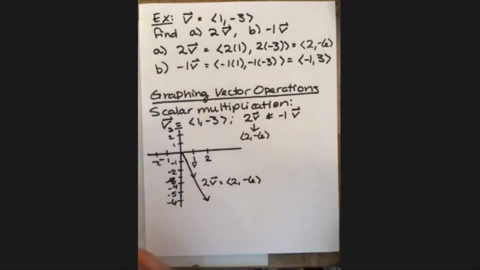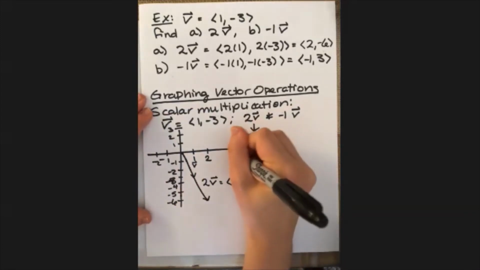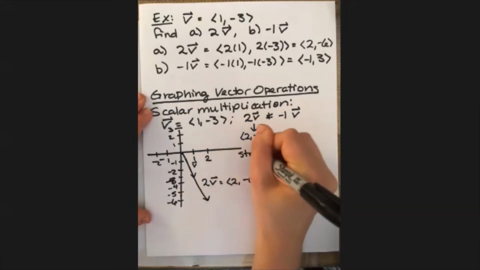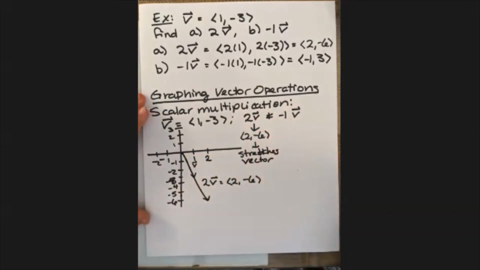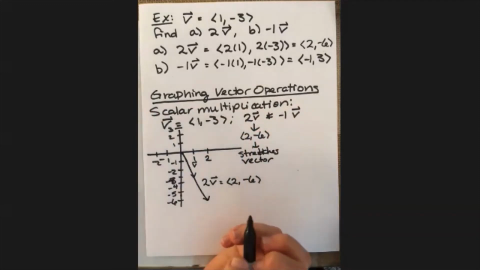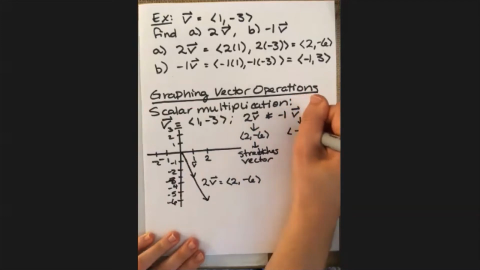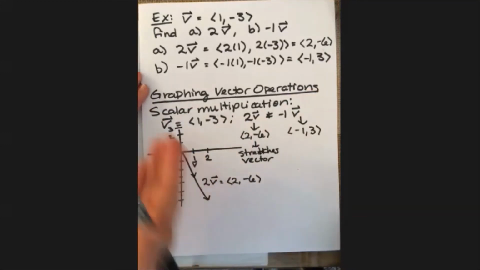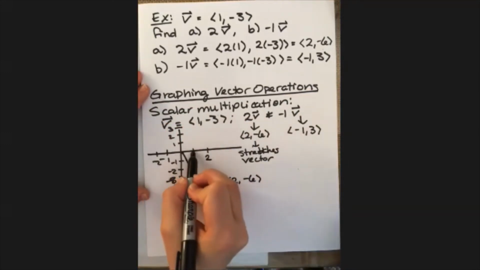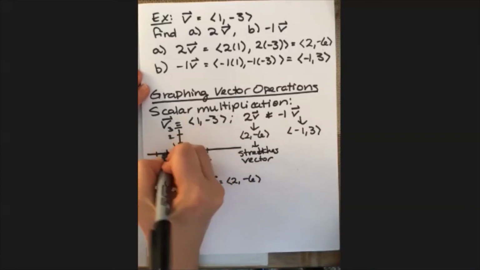Okay, so really when you're doing a scalar multiplication, all you're doing is stretching the vector. All right, so in the case of negative v, however, this became negative 1, 3 now instead of 1, negative 3. So really what we're going to wind up doing is flipping this vector over, because now instead of going this way, we're going to go to the left, so we're going to have negative 1, and instead of going down, we're going to go up 3.